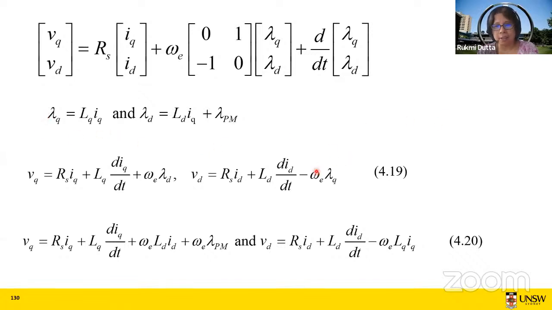This is the flux linkage along the Q axis, which is going to give us the total flux linkage. If we replace them in these equations, we can find a voltage equation in terms of inductances, and omega E times lambda PM is nothing but the EMF. Flux linkage lambda PM times omega E is the EMF.